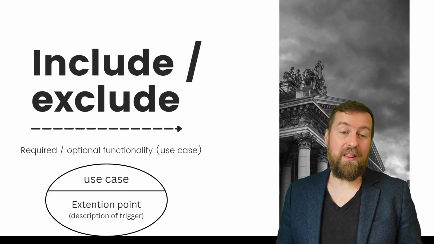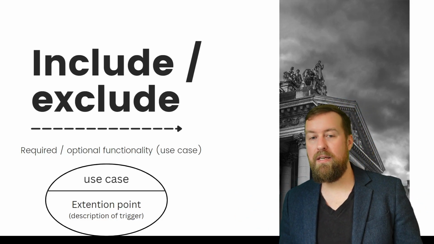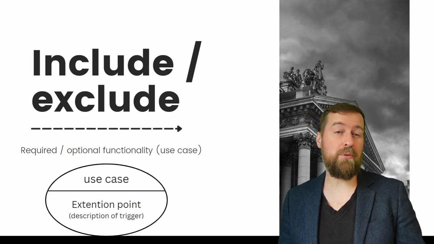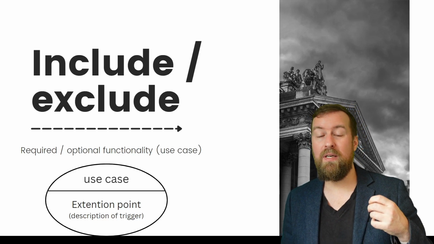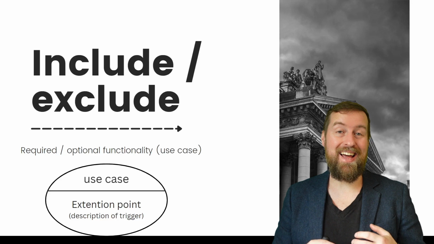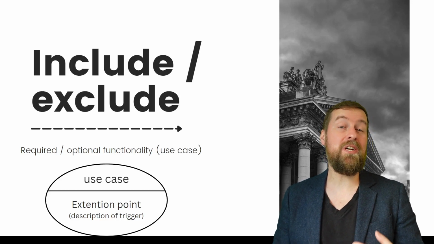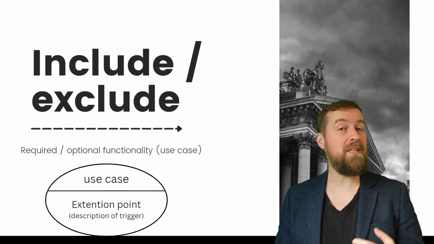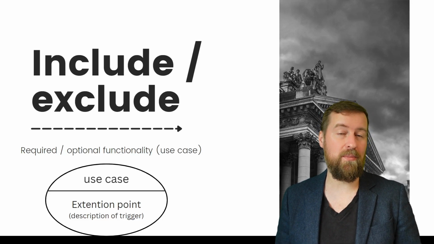Another way to look at things are the extension points within use cases. These are the optional triggers. So a use case where there is an option has an extension point. So sometimes this becomes relevant as a use case, but it's not necessarily always available.